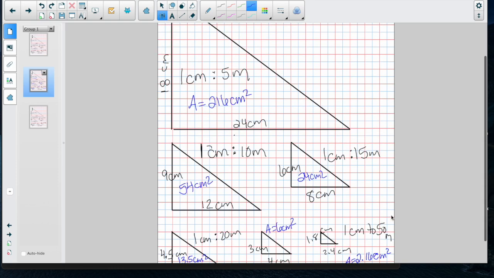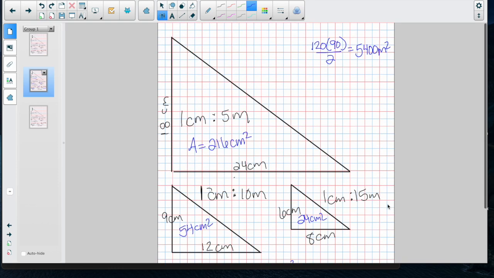So when we compare these to the original, if I take my original and divide it by 216 for this first one, we end up with 25.